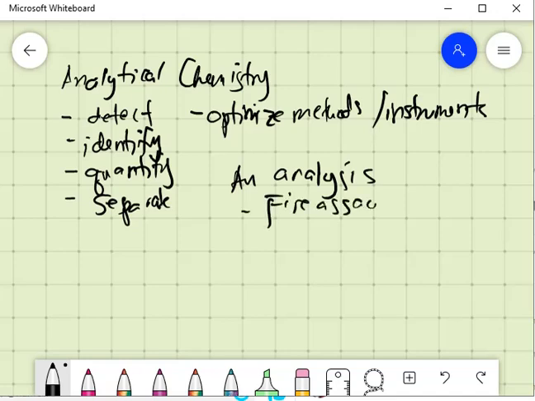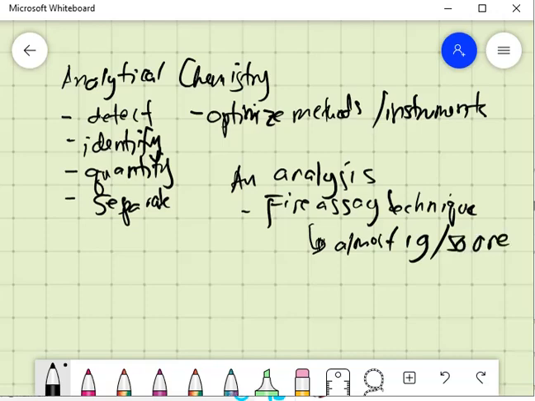I've worked at a mining company before, and mining companies still use the fire assay technique. But the downside is that it could only analyze samples which have high amounts of gold. From what I remember, it's almost 1 gram per 50 grams of ore sample. So that's too big, right?